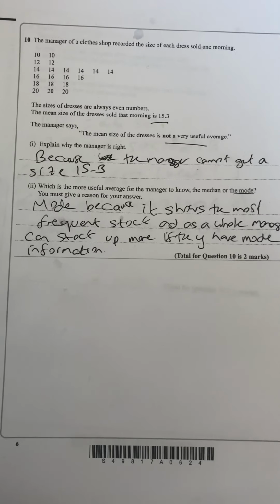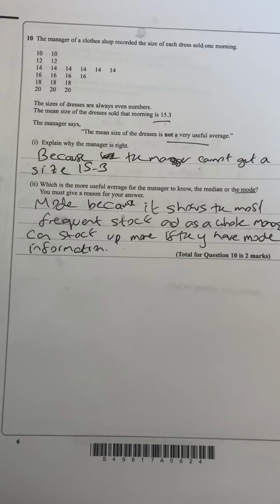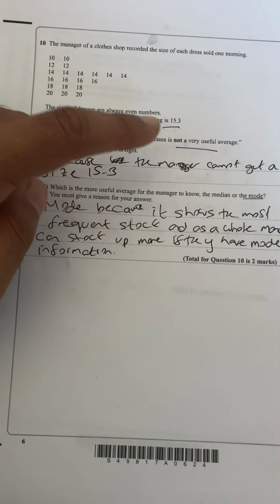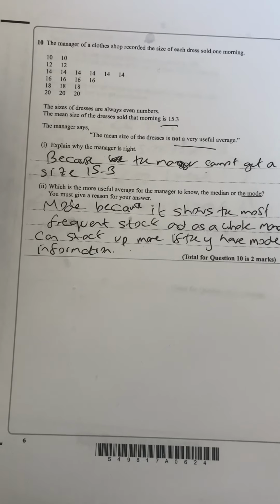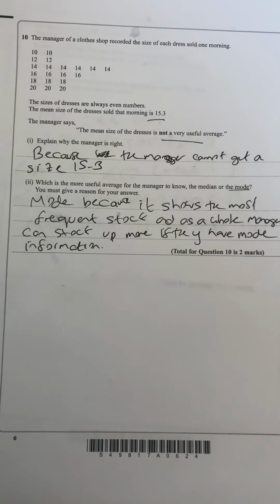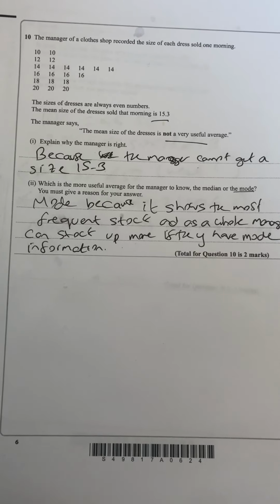Explain why the manager is right. Because the manager cannot produce or get a size 15.3. We are always looking at whole numbers here, and 15.3 is an odd number, so there is actually no size 15 here. We can't get a 0.3 dress size ever.